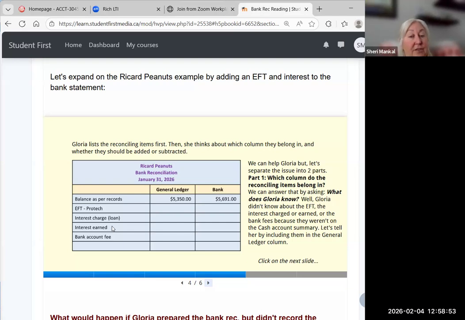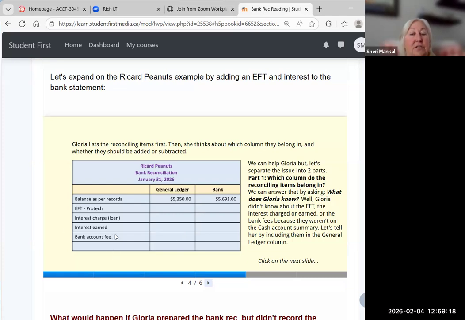There's interest earned, and same thing. We know that every month we're going to earn a little bit of interest, but interest fluctuates every month, so it's best just to wait to see what the bank has given us as interest on the money we have in the account that month. And again, we know what's coming, but it's going to be added to our cash account in-house.